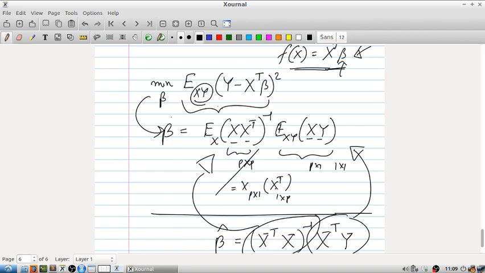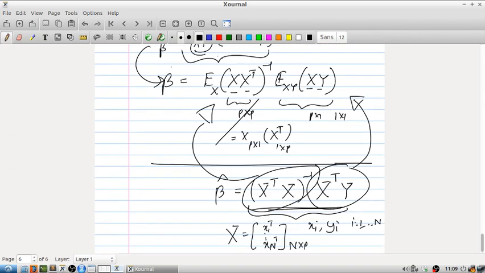Now I was just talking about the dimensionality of x just so that it's clear what x x transpose is. It's just a p cross p matrix, and it's actually the expectation of x x transpose inverse. So it's the inverse of what is called the covariance matrix times the expectation over x and y of x times y. Y, let's assume it's a scalar, so we are doing regression, multilinear regression.